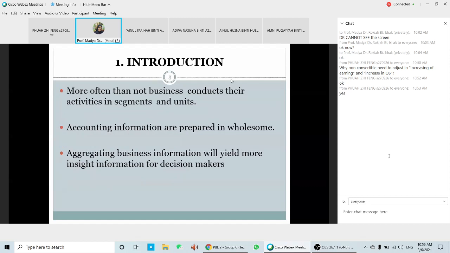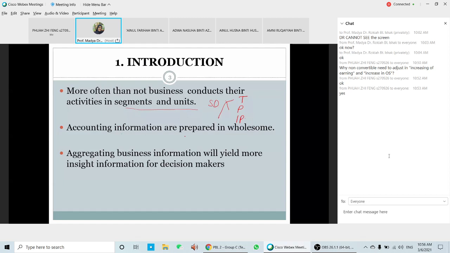For operating segments, most companies conduct many activities, so their activities are segregated into segments or units. A big company, for example Sandabi, may have a transportation department segment, a plantation, and investment property. So they have more types of business or segment. We call that a segment.